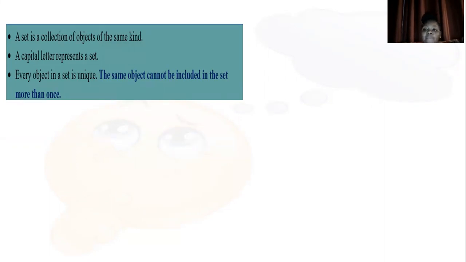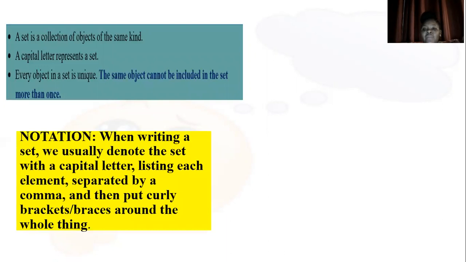Also, the members or the elements in the set do not repeat themselves. When writing a set, we always identify our set, or we represent our set, by using a capital letter. Then when writing the members or the elements of our set, we place them into curly brackets.